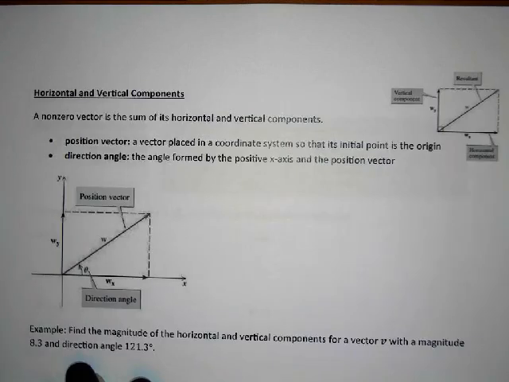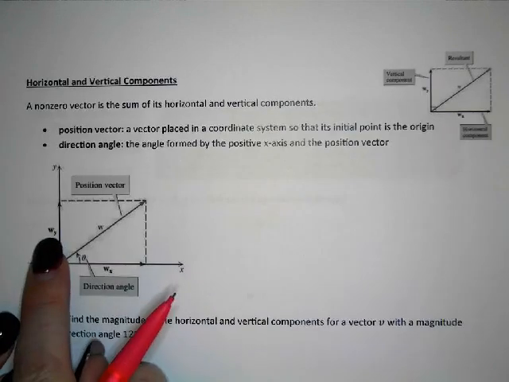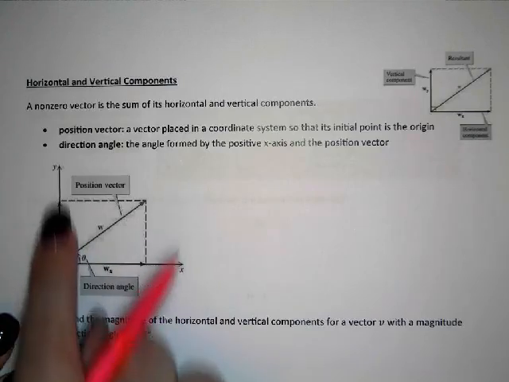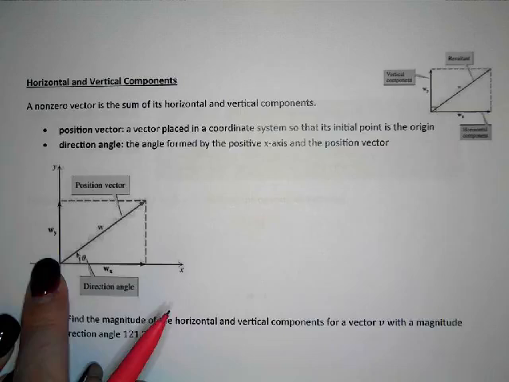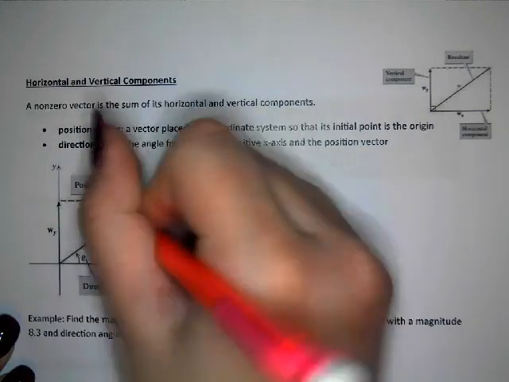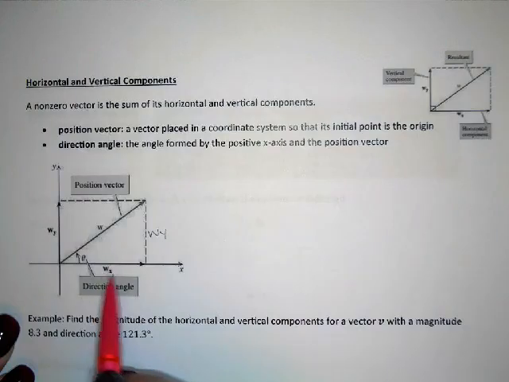All right, so I'm going to label a few things in this picture. So this is w sub y, the vertical vector. The vertical vector doesn't go left or right at all, and so the only component that it has is it goes vertically. I'm going to label it over here on the other side as well, w sub y, and then this one, w sub x, I'm going to label it up here at the top.